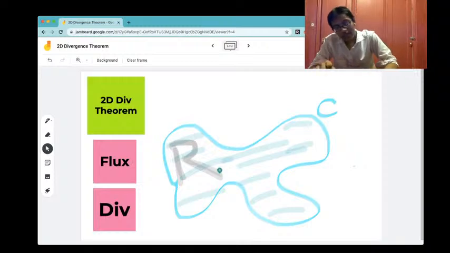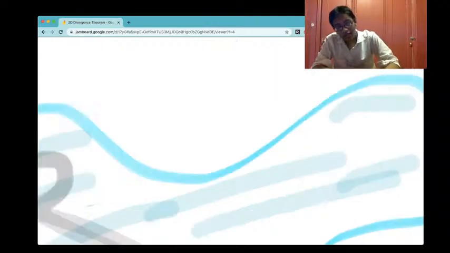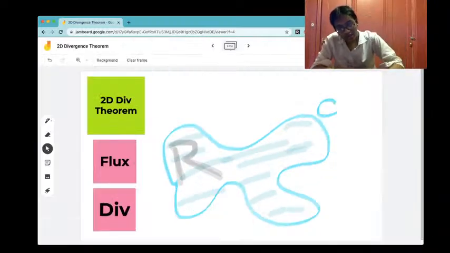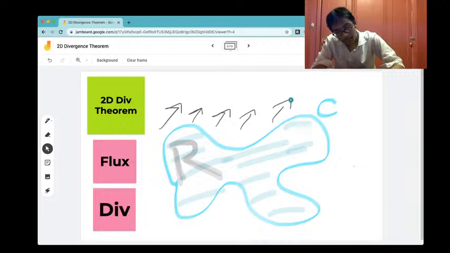Now, what does the flux tell me? Well, let's take a kind of global perspective, but at the same time zoom in, right? So let's zoom in on a particular part of our curve, right? If I zoom in on my curve, of course I'm going to have some kind of a vector field throughout this whole situation, right? So let's say I have a kind of diagonal vector field like this, right?